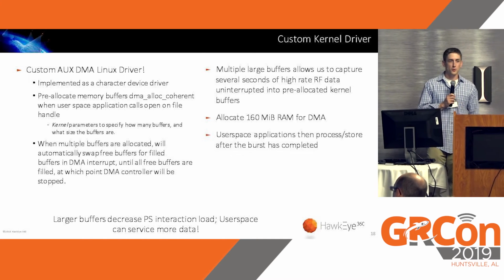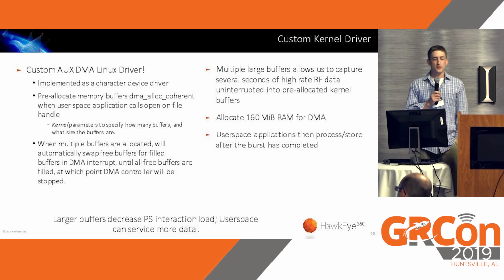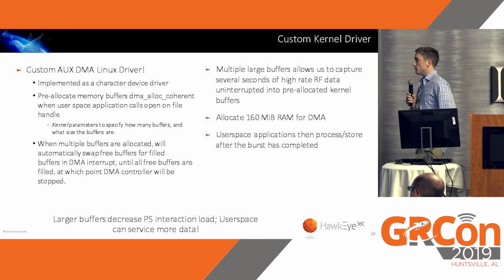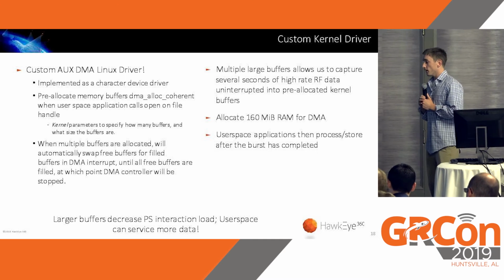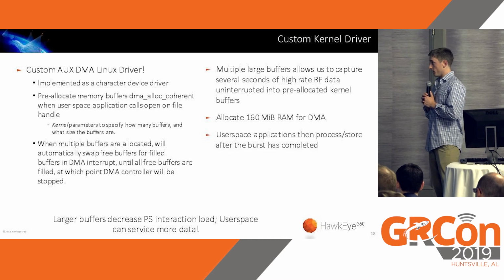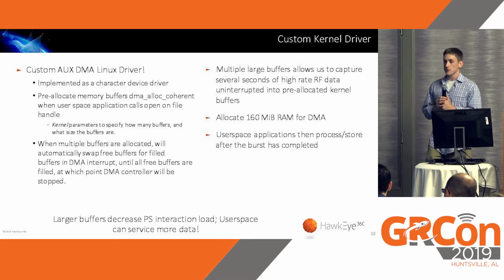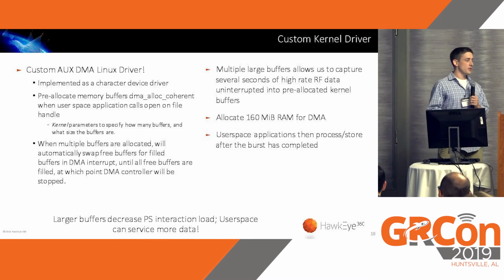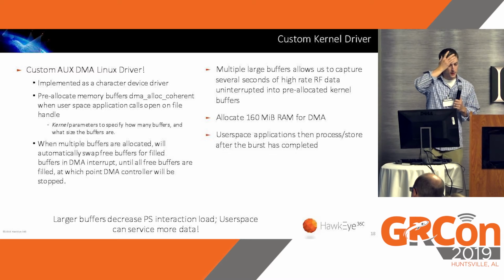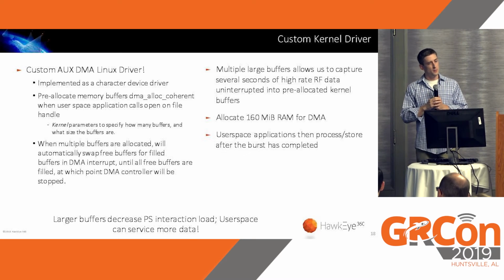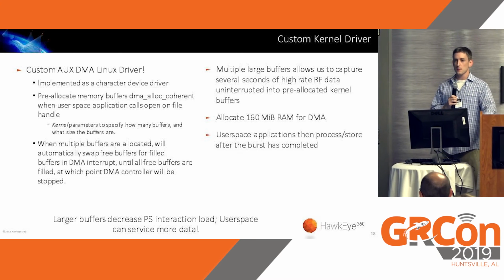All right, so what did we do? Basically, the simplest kernel driver you can ask for. Service an interrupt request when it's available. We've also pre-allocated the memory. So also, as Robin mentioned earlier, the Pluto has about 128 megabytes, I believe it was, of contiguous memory allocation.